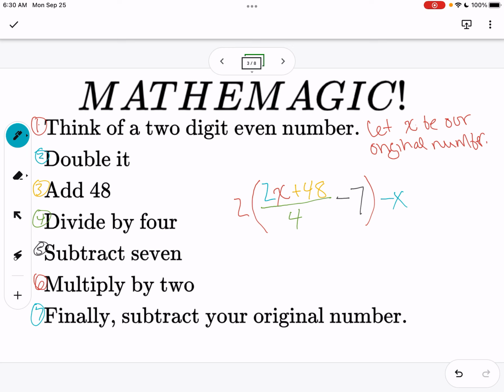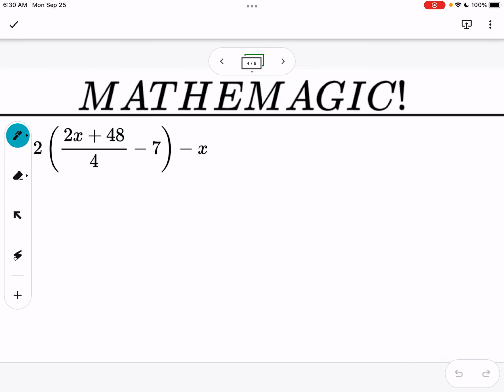So here's our expression. There's lots of different ways we can simplify this. We can rewrite 7 as 28 over 4 to make this one fraction. We can distribute the 2 into the fraction and into the minus 7.